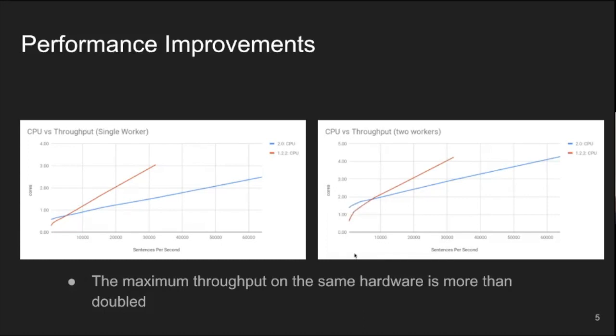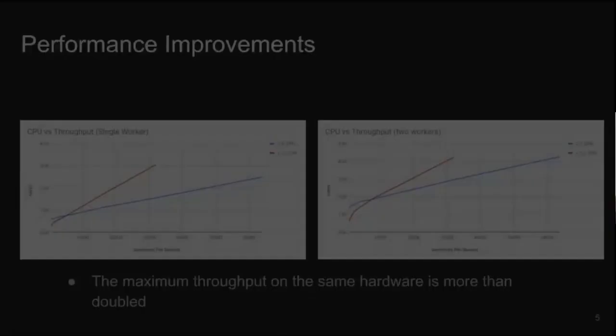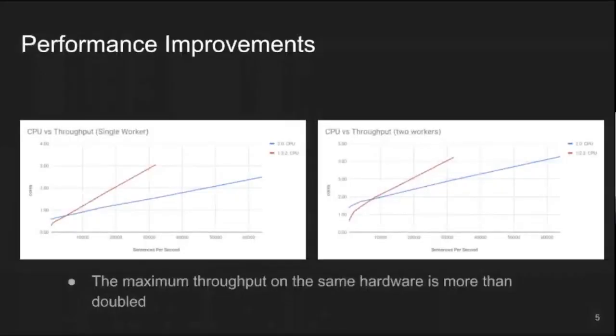I'll talk more about why that aspect is important and how that has come into the picture. Again, on throughput, we are really able to see that we have gone way beyond 60,000 sentences per second, which, for the same amount of CPU and memory, is a tremendous achievement.